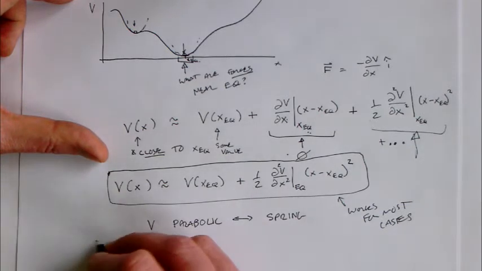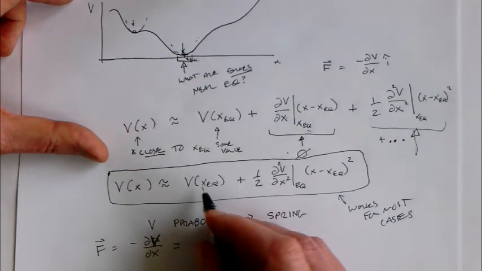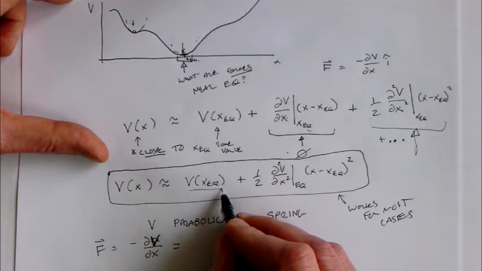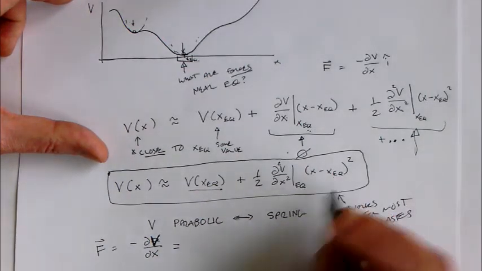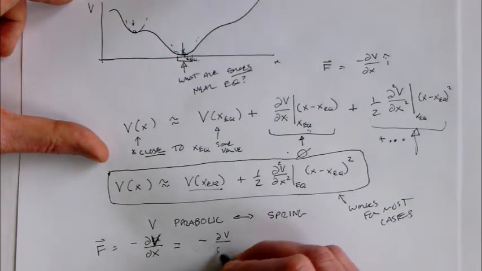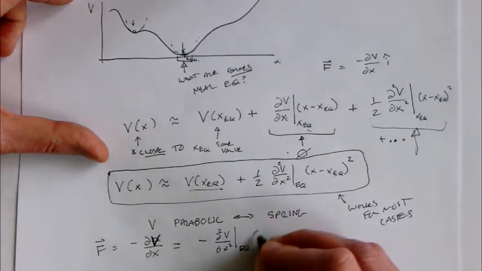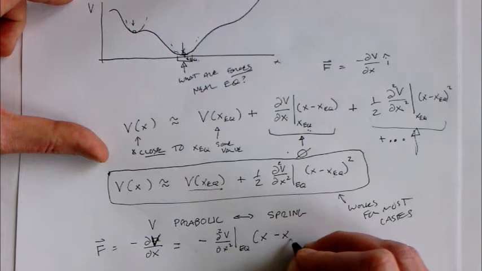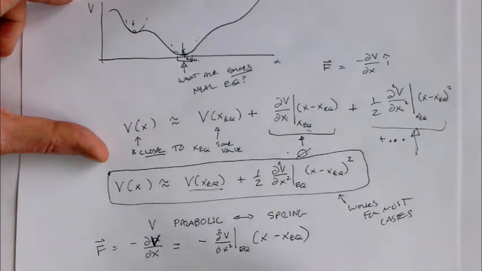Well, the force is minus the partial of the potential with respect to position. The partial of this with respect to position is 0, because that's just what the value is there. The partial of this with respect to position is, with the negative sign, going to be minus the second partial with respect to x squared, evaluated at equilibrium, times x minus xeq, right?